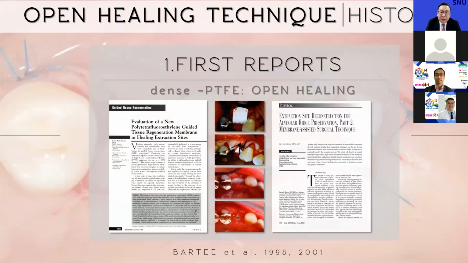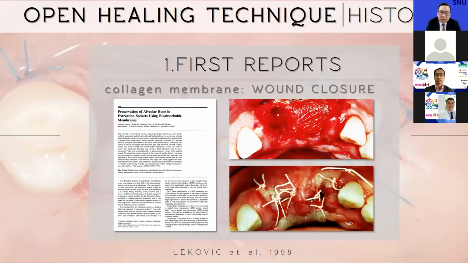And then we come to the first reports of a resorbable collagen membrane that was introduced by Lekovic et al.